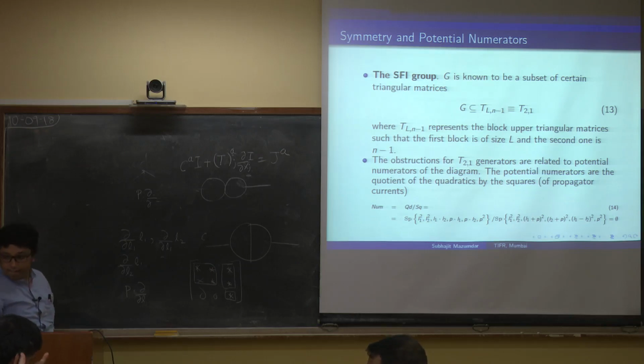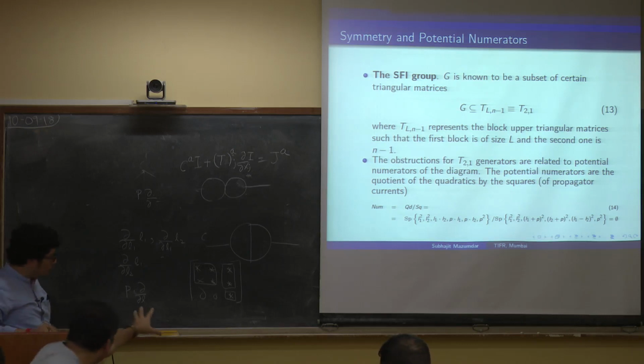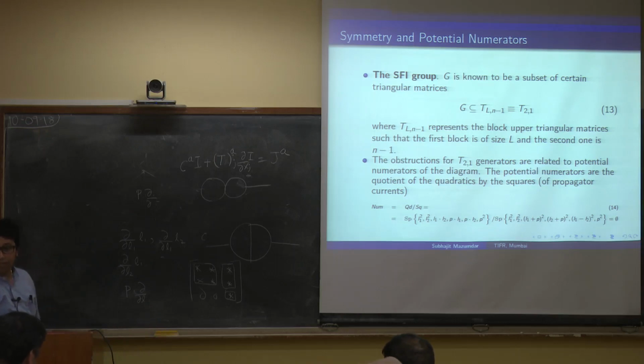But in the generators, you have the combination. His question is, are you looking at infinitesimals when you make this matrix, or finite? I am looking at infinitesimal. But the G represents the group.